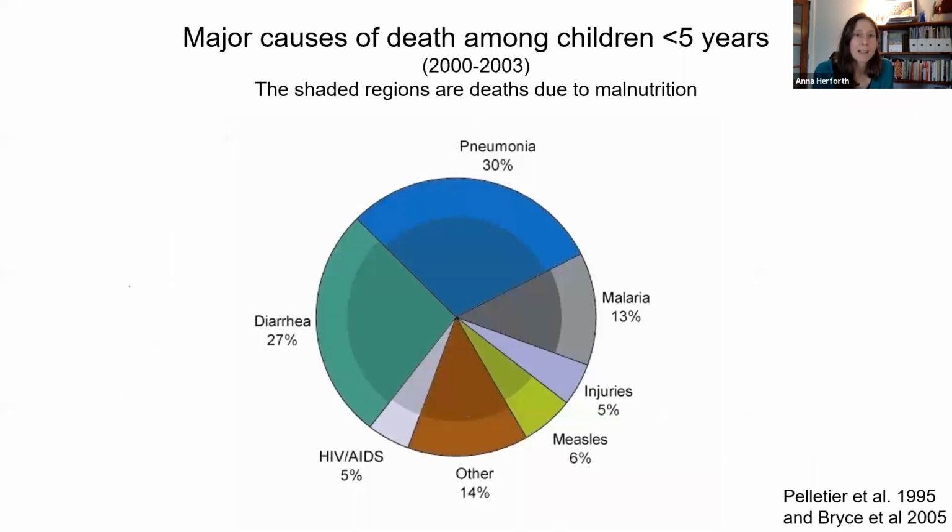So there's an interaction between disease, infectious disease, and undernutrition, resulting in much higher mortality for those who are malnourished.